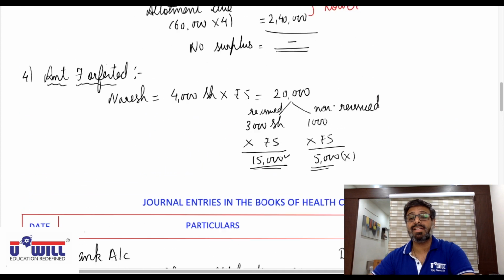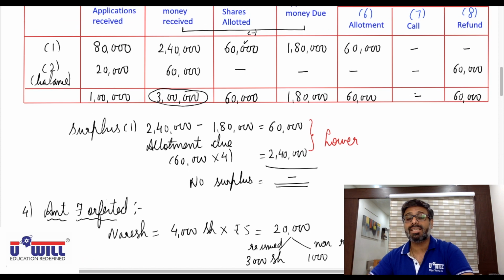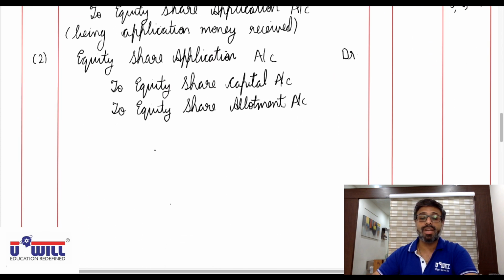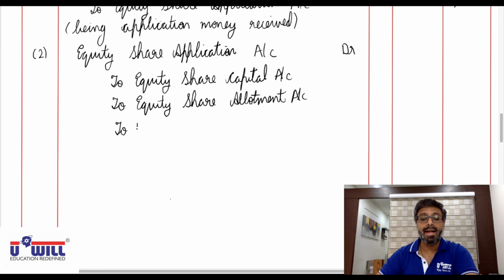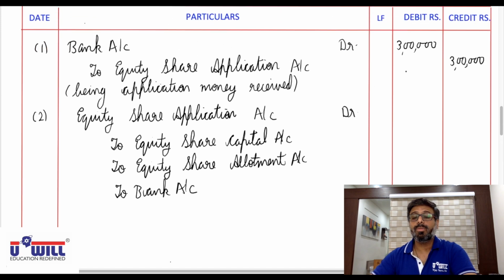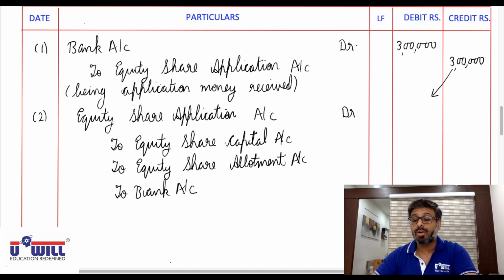To calls in advance will not come because no amount is adjusted towards call, so straight away we will write to bank account. Now the equity share application account you'll close and debit with the full amount of 3 lakhs.